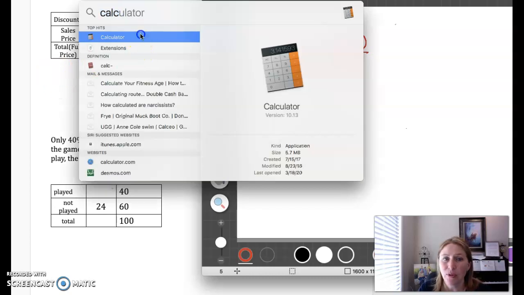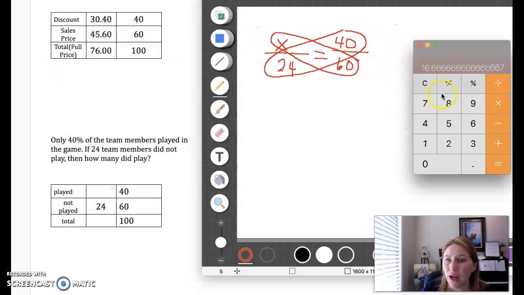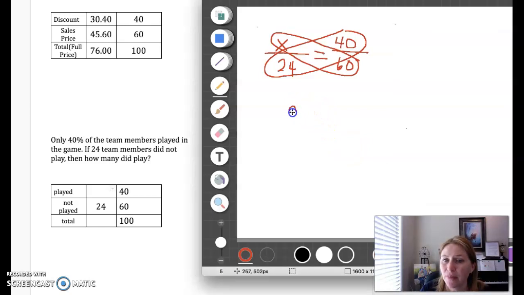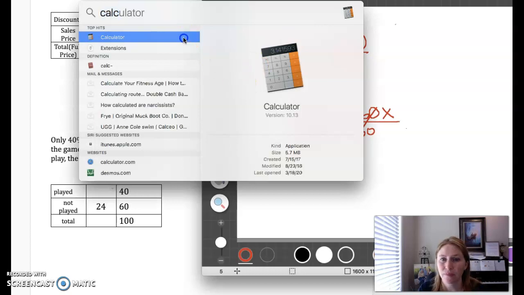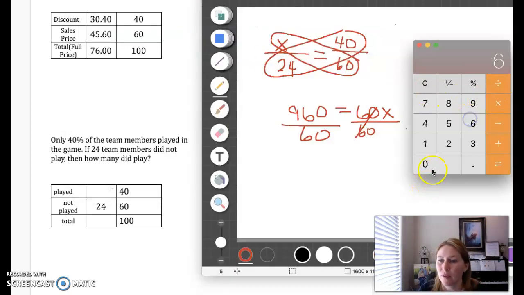So let's quickly put that on our calculator so we get it correct. We have 40 times 24, and that's 960. And now when I multiply 60 times x, I get 60x. So it's 960 divided by 60. That will give me my missing piece. So 960 divided by 60 tells me that there were 16 that played.